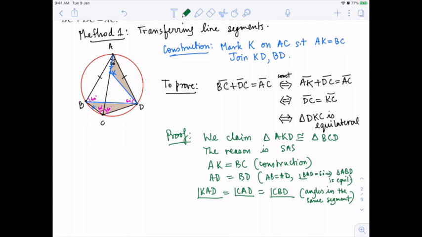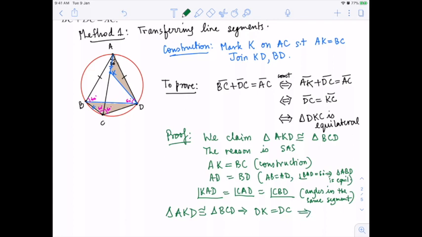Now, triangle AKD is congruent to triangle BCD implies that the corresponding sides are equal. So DK is equal to DC. Okay, but in triangle DKC, we already know KCD is 60.